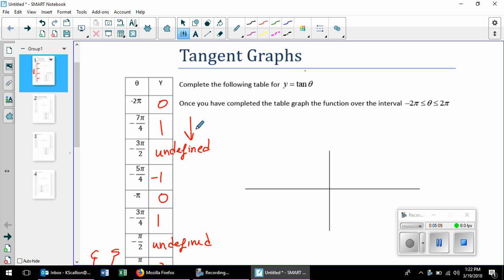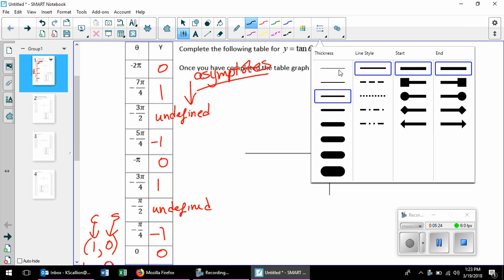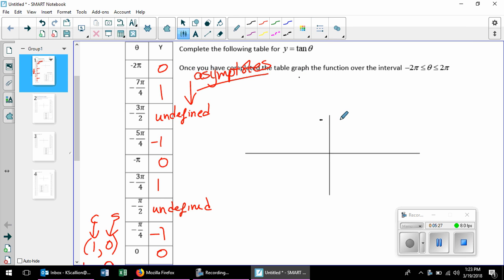So undefined turns into asymptotes. Anywhere you have an undefined, that's an asymptote. The graph can't exist there. So if I were to do my increments, I'm going to be +1, -1. Now I'm in quarters, right? So pi over 2, 3 pi over 2, pi. I'm at 3 pi over 2, and that's not where I was.